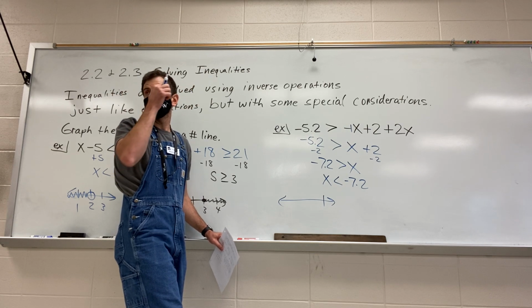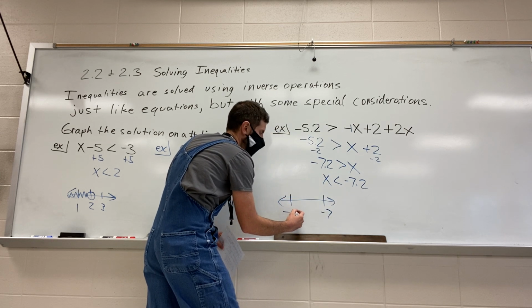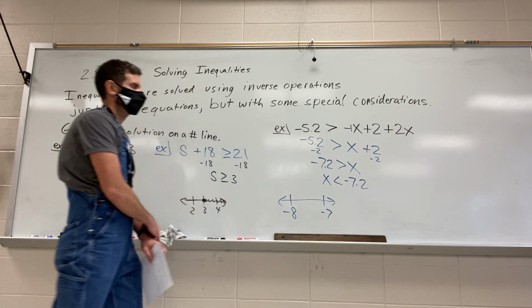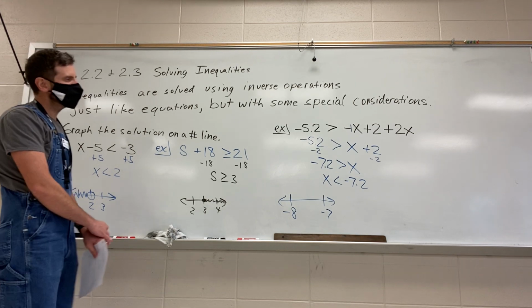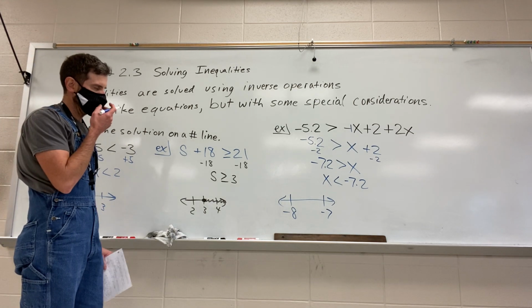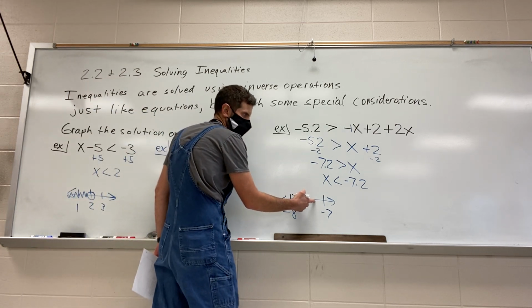So no decimals. It'd be negative 7 and negative 8. Don't you agree that negative 7.2 is between those two integers? Do you guys remember what integers are? Yes, they're numbers. Is negative 7.2 going to be closer to negative 8 or negative 7? It's going to be closer to negative 7. A little bit closer to negative 7.